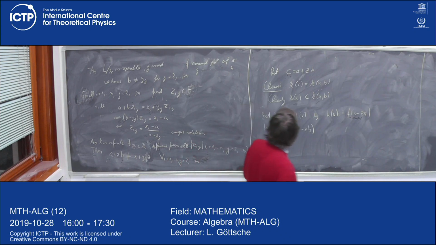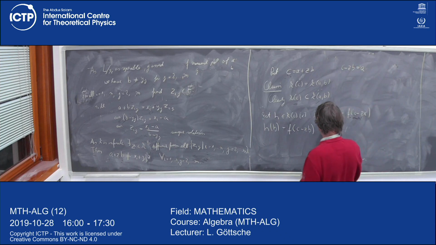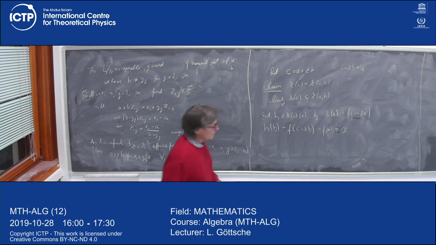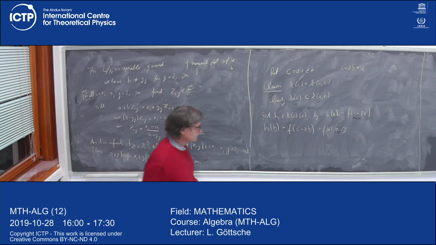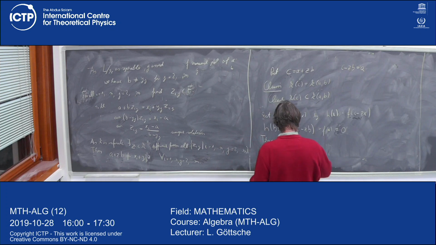And c minus z b is equal to a. So this is 0. Thus x minus b divides h.